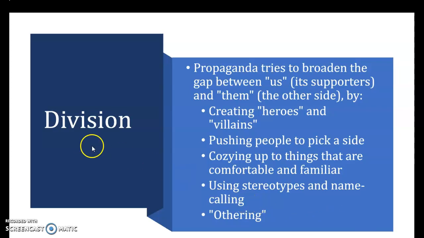Obviously, stereotypes and name calling are always going to be divisive. If we say this guy's stupid and I'm smart, and not to be political at all, but Donald Trump is often giving nicknames to people, and that's designed to be divisive, okay? When we talk about nicknames, we call them Sleepy Joe or whatever, those are divisive name-calling techniques.